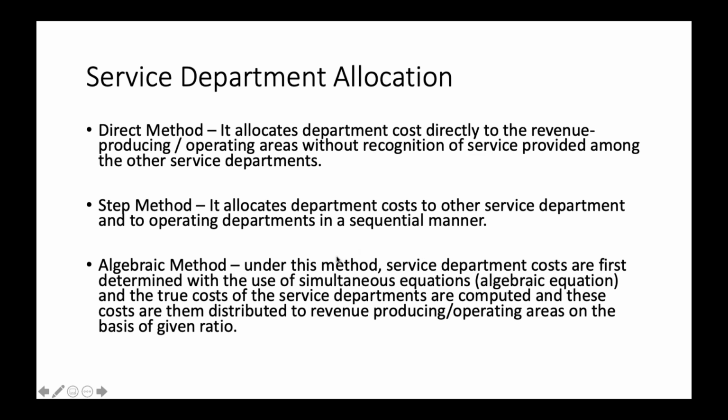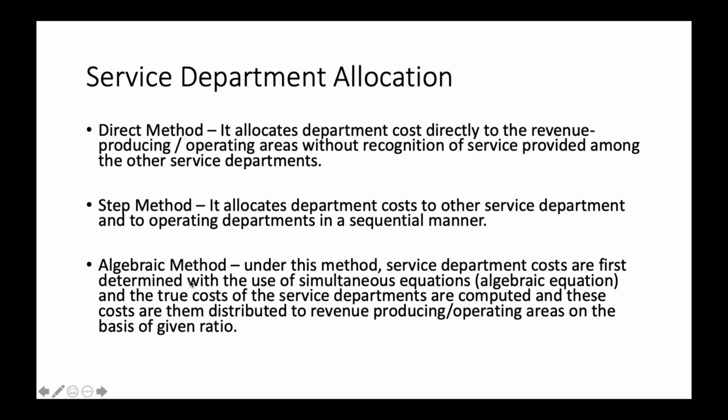So what would be the basis of the order of allocation? We can use first, in terms of which service department has the largest amount or the largest services. If they have a similar amount of services served or provided to other service departments, then we have to use the amount of cost.